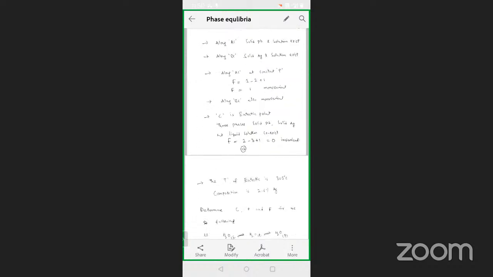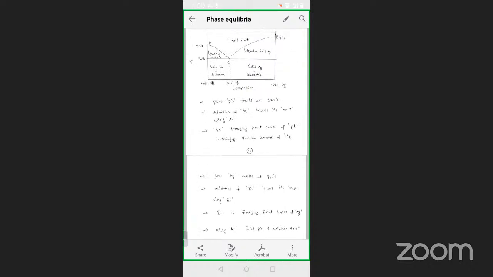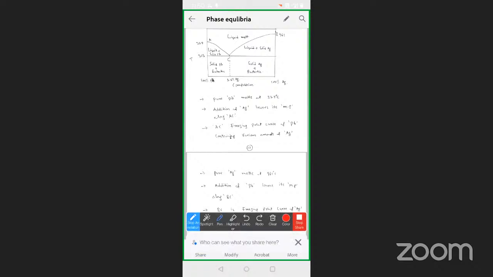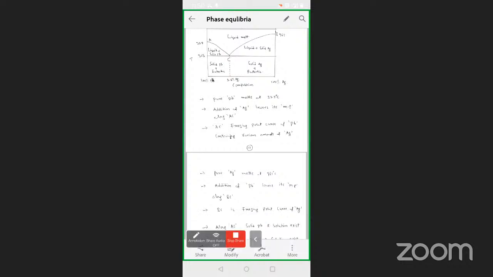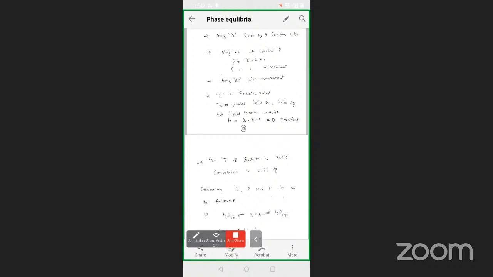The temperature of the eutectic mixture for this system is 303 degrees Celsius. The composition is 2.6% of silver.